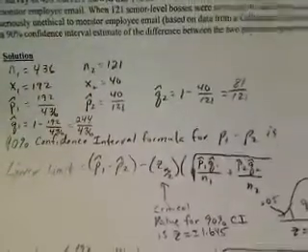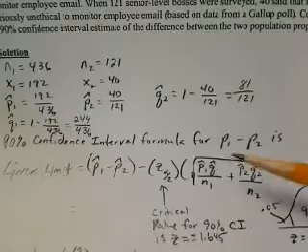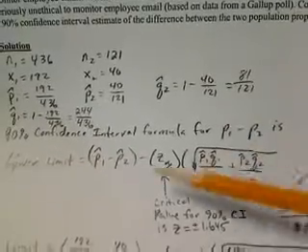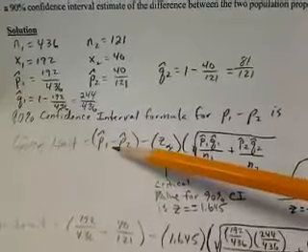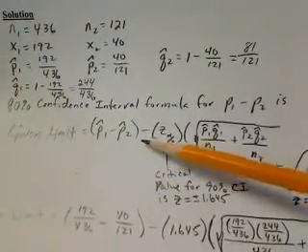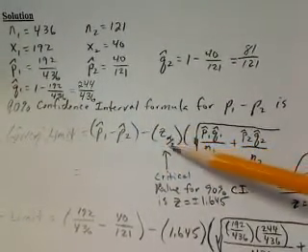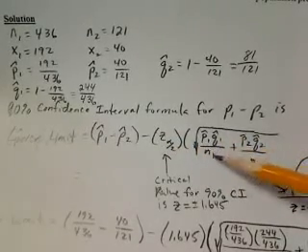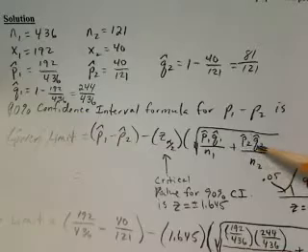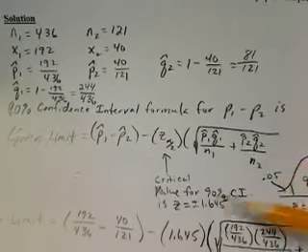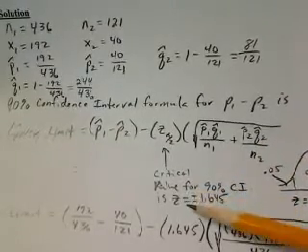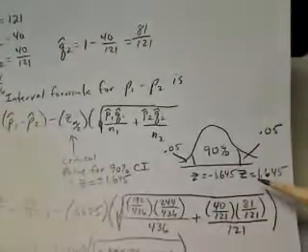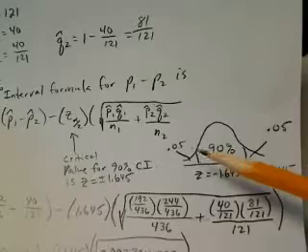Calculating a 90% confidence interval for the difference in the population proportions, the lower limit is given by p hat 1 minus p hat 2 minus the critical value, z sub alpha over 2, times the square root of p hat 1 q hat 1 over n1 plus p hat 2 q hat 2 over n2. This critical value for a 90% confidence interval is determined from a z distribution.